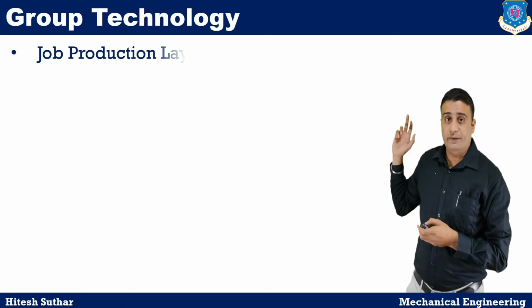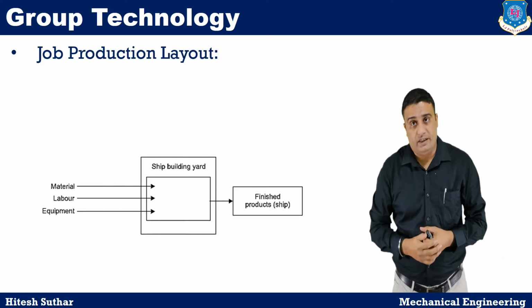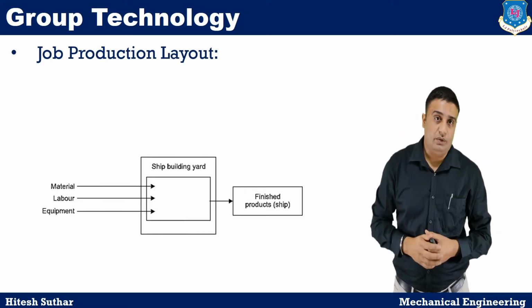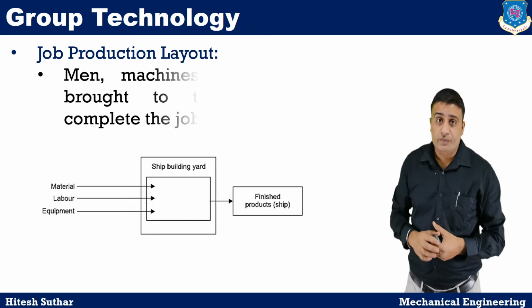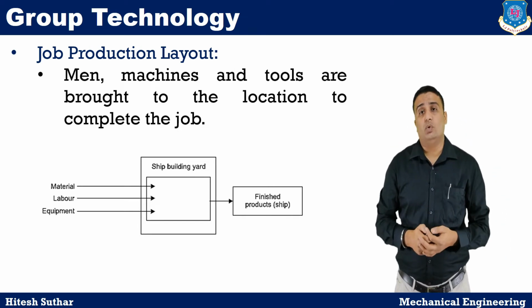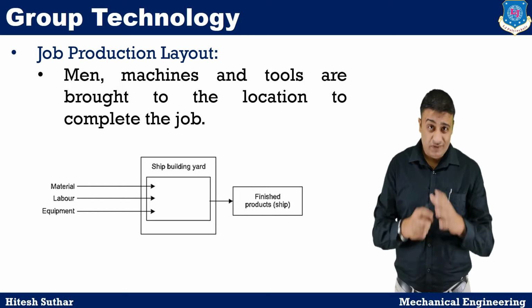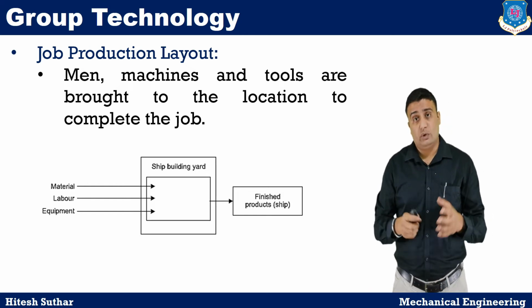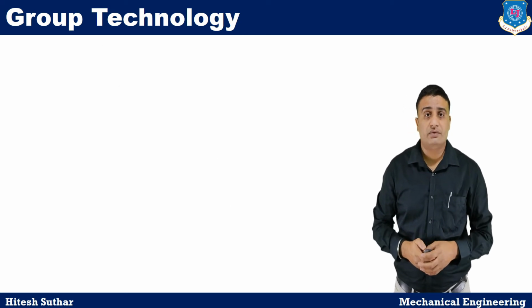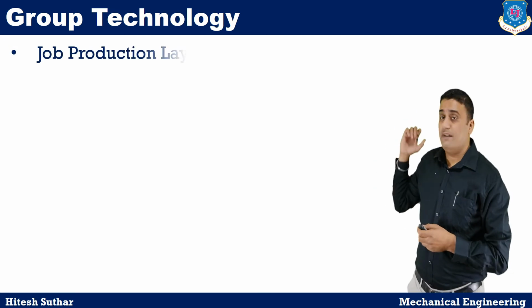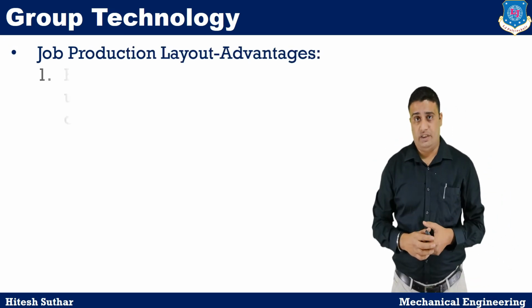As you see in the figure, this is a shipbuilding yard, which indicates the job production layout. As from the figure, men, machines and tools are brought to the location to complete the job. This is the job production layout, also known as a fixed position layout. Now let's discuss some advantages of job production layout.